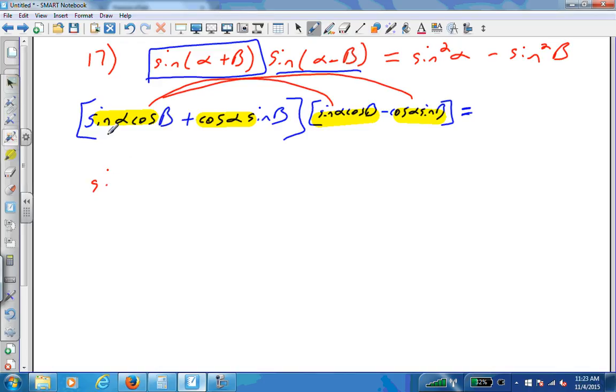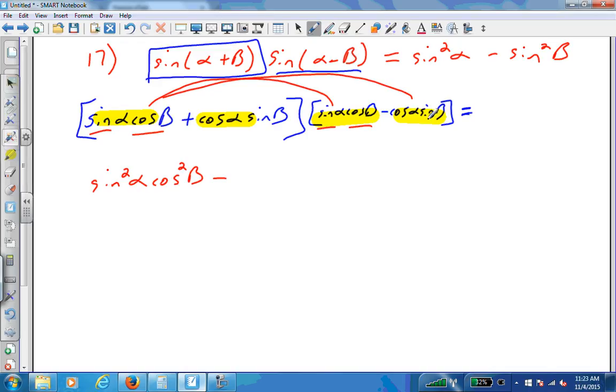No. We multiply those two. We have sine alpha cosine beta times sine alpha cosine beta. So sine alpha times sine alpha is sine squared alpha. Cosine beta times cosine beta is cosine squared beta. If we multiply these together, positive times negative is negative. Let's see.